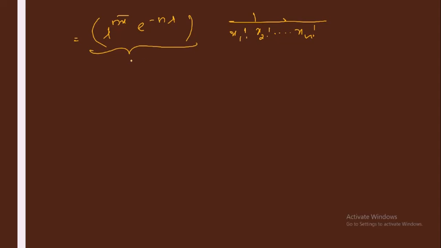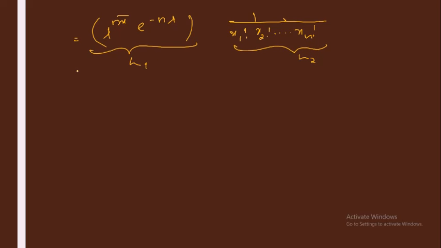Right, so how will you consolidate this? Lambda raised to n x bar, e raised to minus n lambda, that is one set, and 1 divided by x1 factorial multiplied by x2 factorial, etc., xn factorial. So now this is of the form L1 and L2.